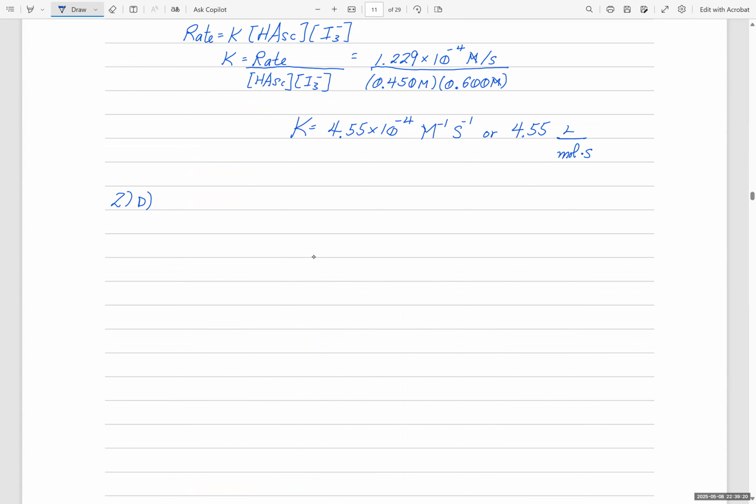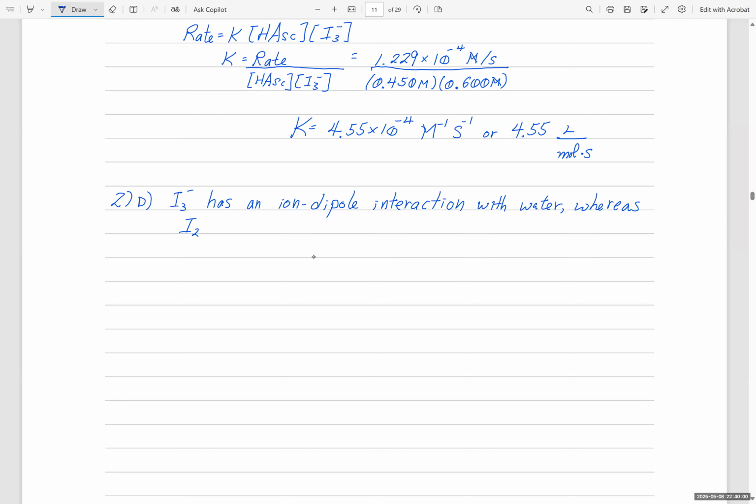And what am I going to say? I'm going to say triiodide has an ion-dipole interaction with water, whereas diiodine, right?